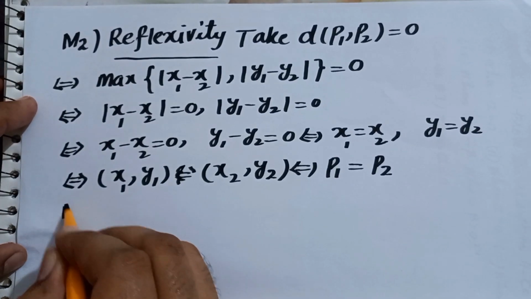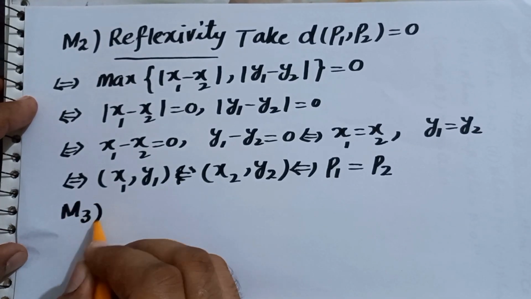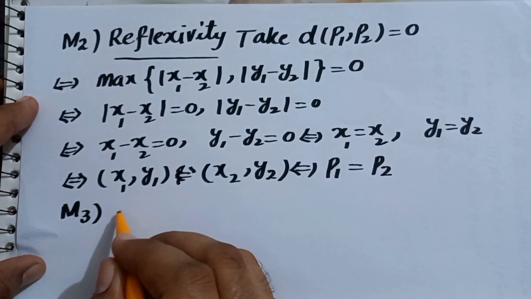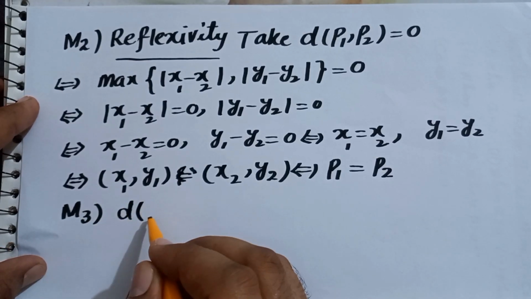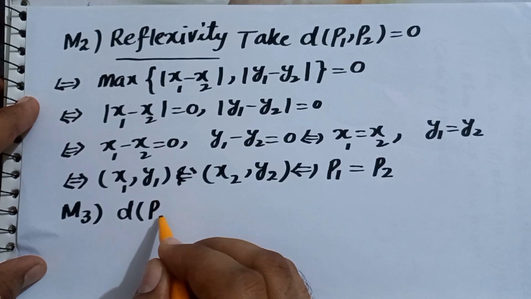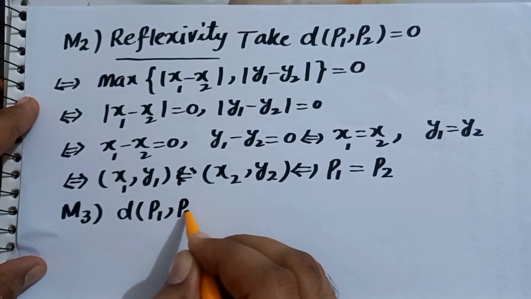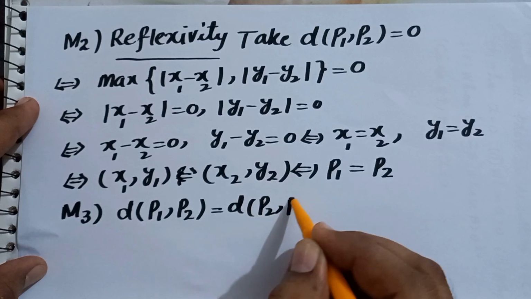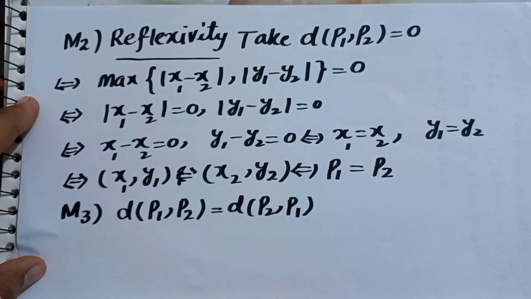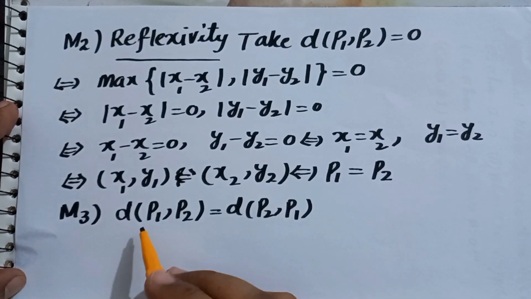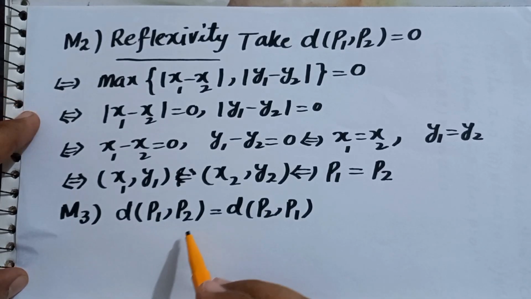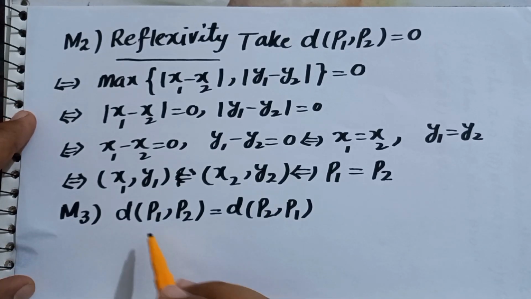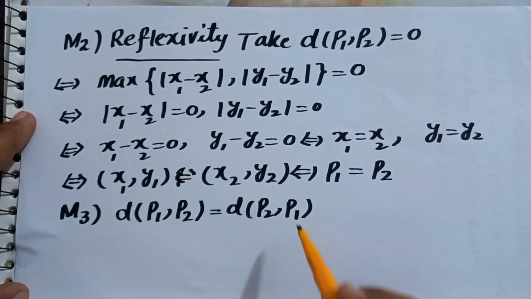The third axiom of a metric is the symmetric property. In the symmetric property, we need to show that the distance from point p1 to p2 is the same as the distance from point p2 to p1. In this property, we will show that the distance of p1 to p2 is equal to the distance of p2 to p1.